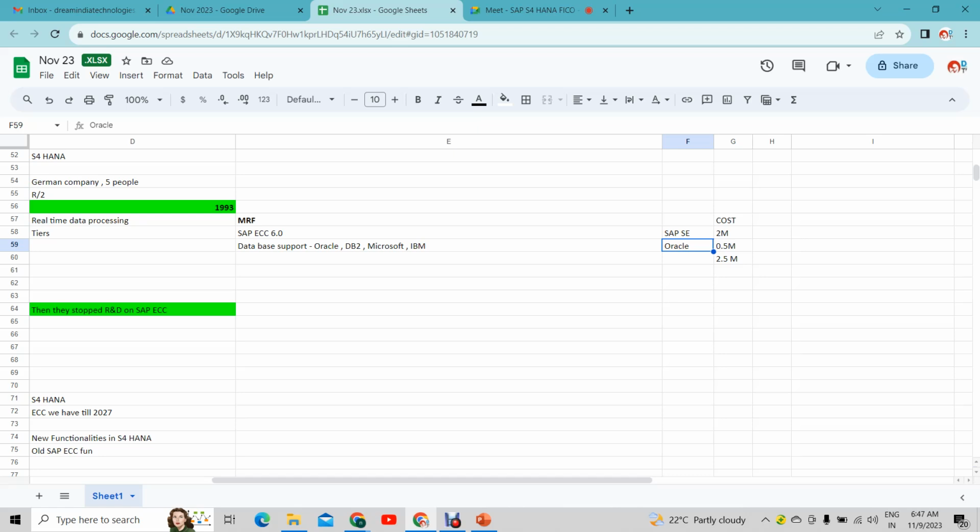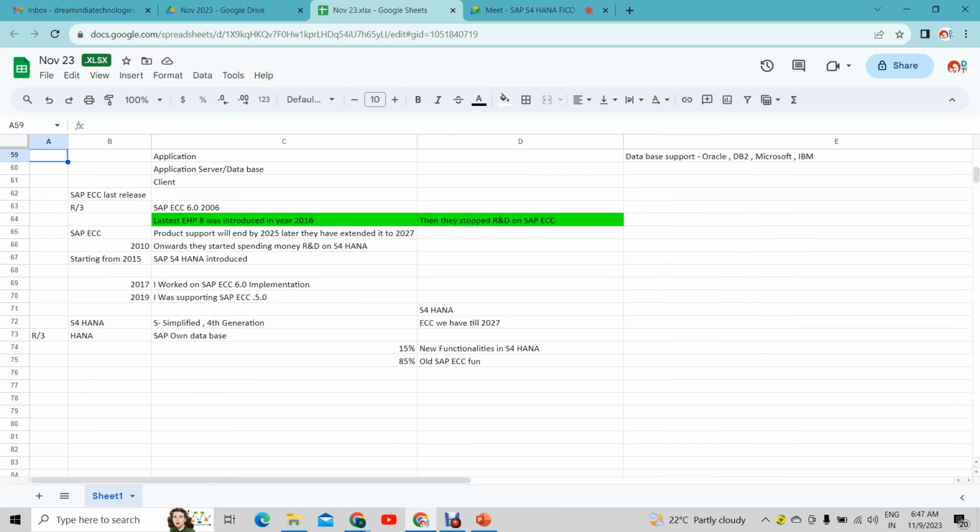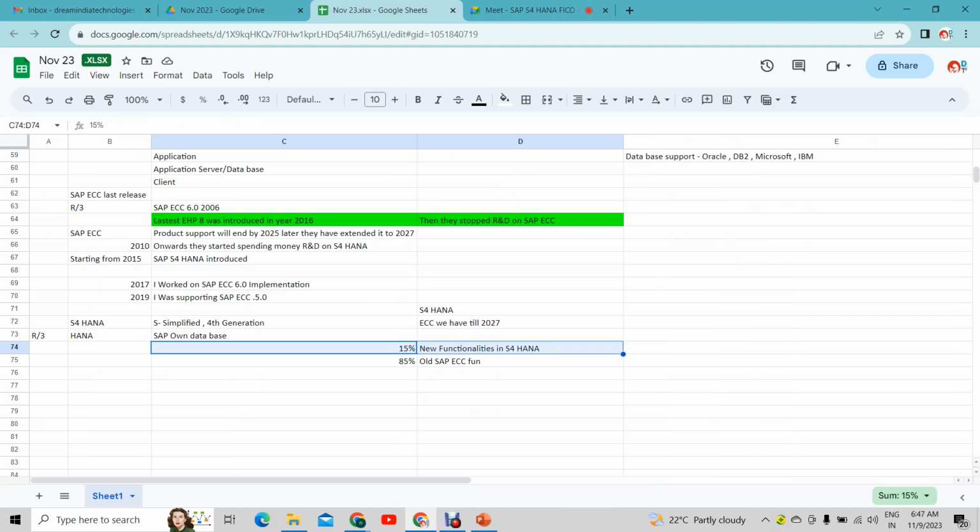SAP says yes, you can shift your database to HANA, but you don't get S4 HANA's full functionalities. I told you, right? There are 15% new functionalities introduced in S4 HANA. Those functionalities you would not be able to get. Understood? And changing a database is not in our scope.